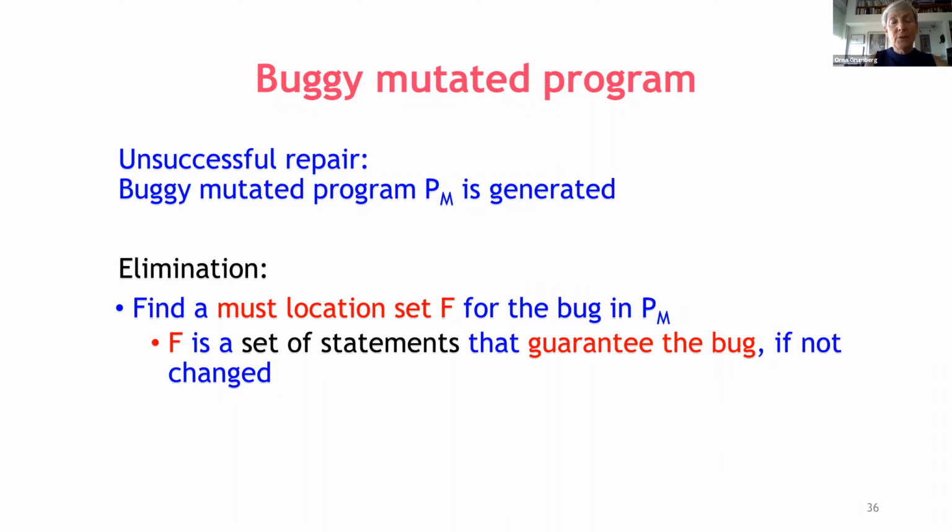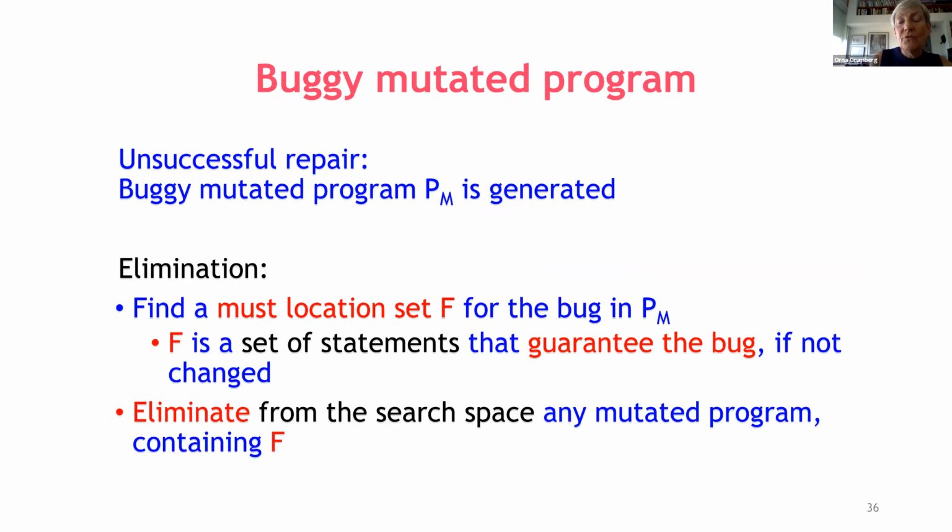And now we compute the must location set F for PM with its bug. And we recall that if we do not change any of the locations from F, then the bug will stay. So now we can remove from the search space any mutated program that contains F and maybe more.